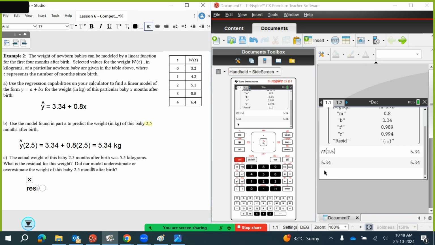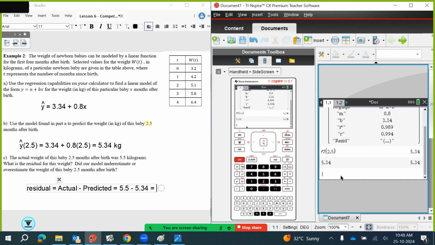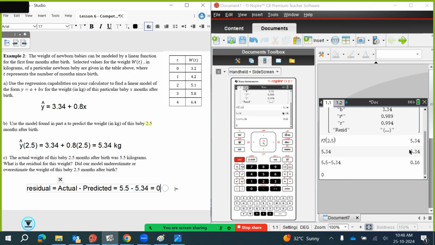So our residual equals actual minus predicted, which is 5.5 minus 5.34. So the length of our residual is 5.5 minus this number, 0.16.